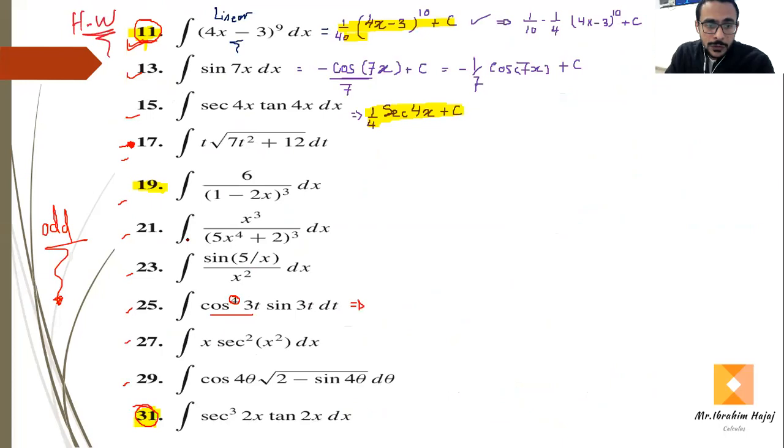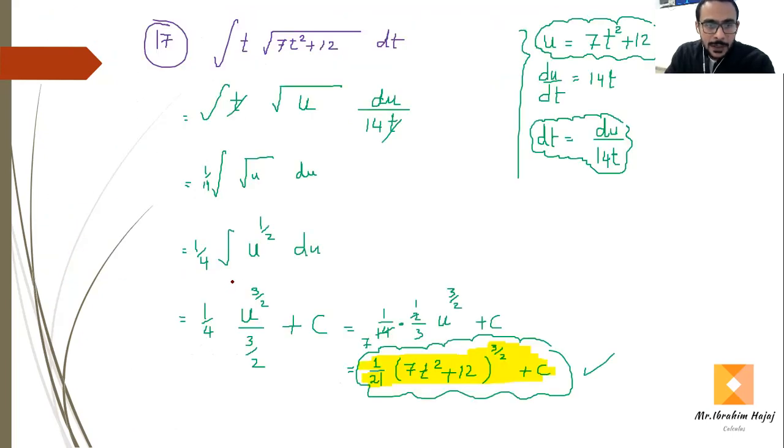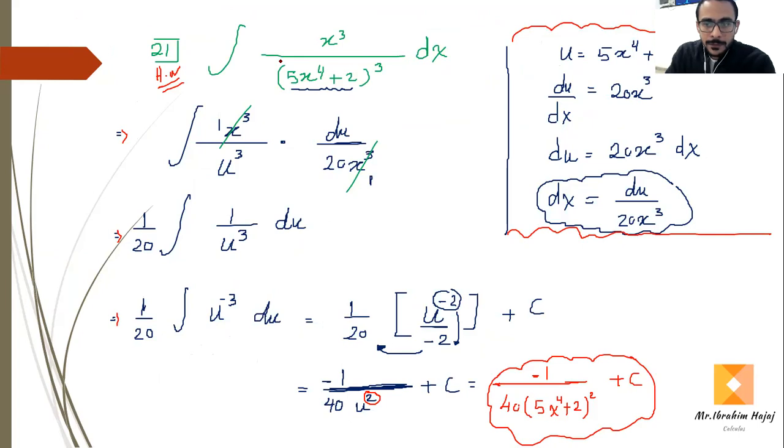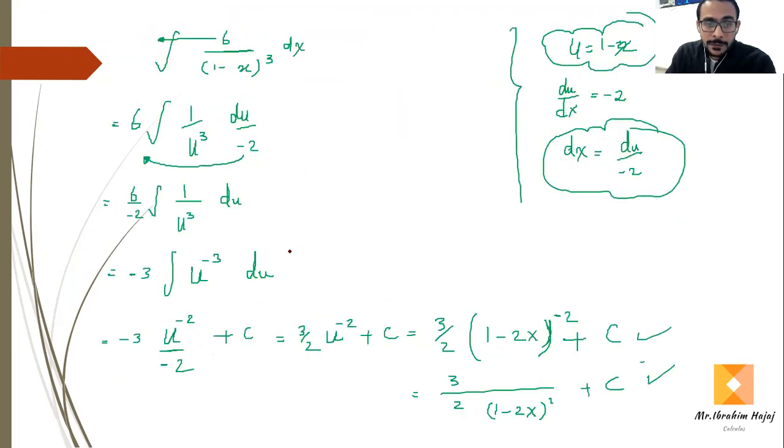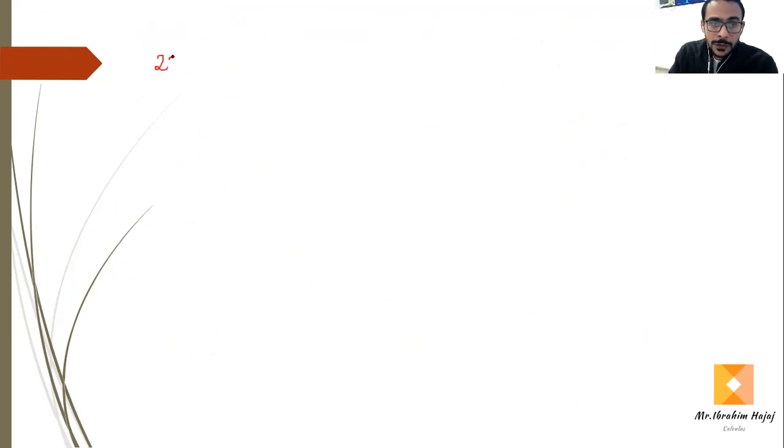Let's move back to question 23. We are working on odd numbers only. The integral of sine of 5 over x squared dx. This is question 23.